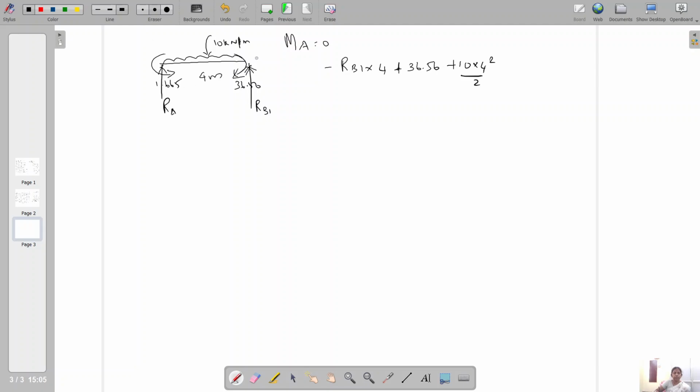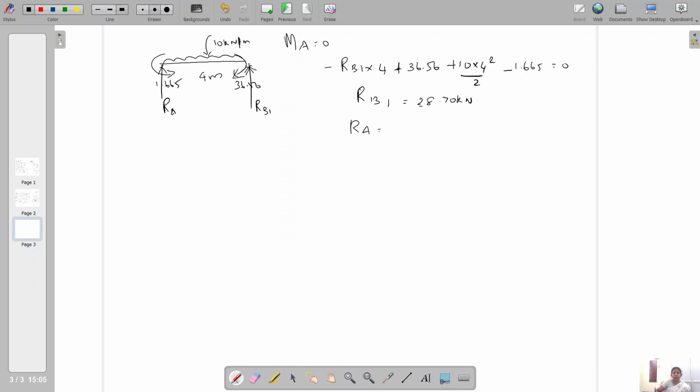It is in the direction of RB1, so minus 1.665 equal to 0, and we will get RB1 equal to 28.70 kilonewton. Please check for the correctness.